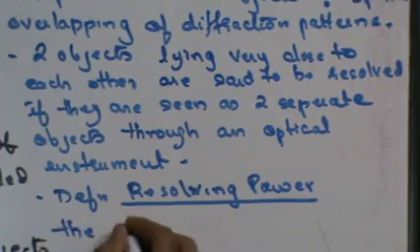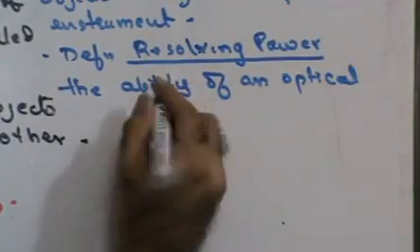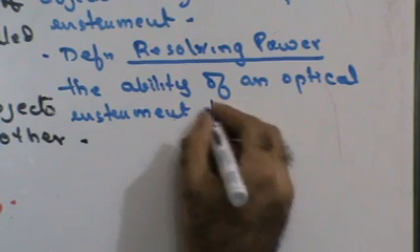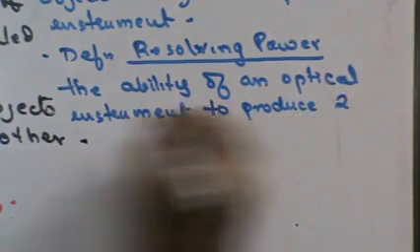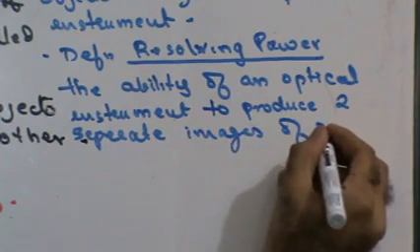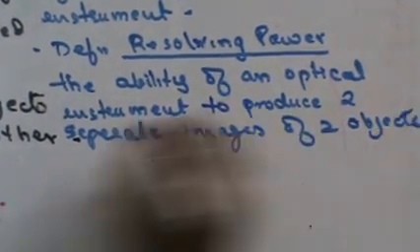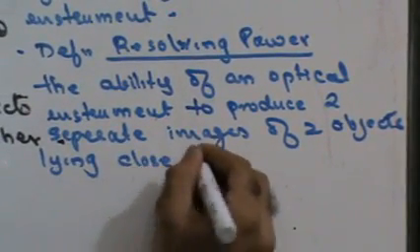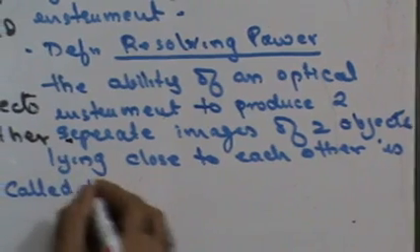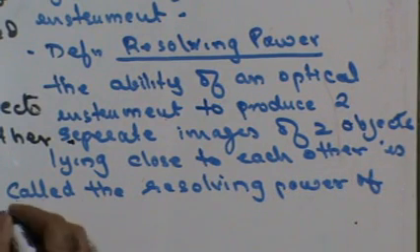The ability of an optical instrument to produce two separate images of two objects lying close together is called the resolving power of the optical instrument.